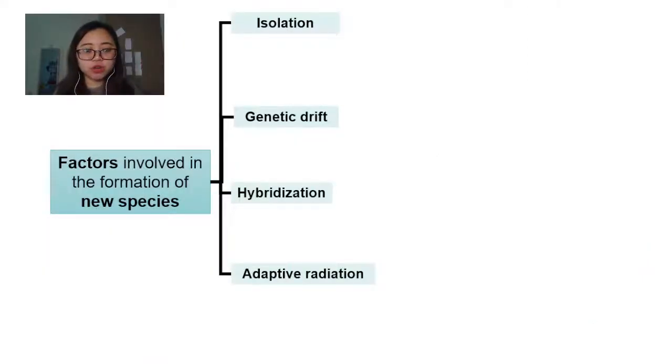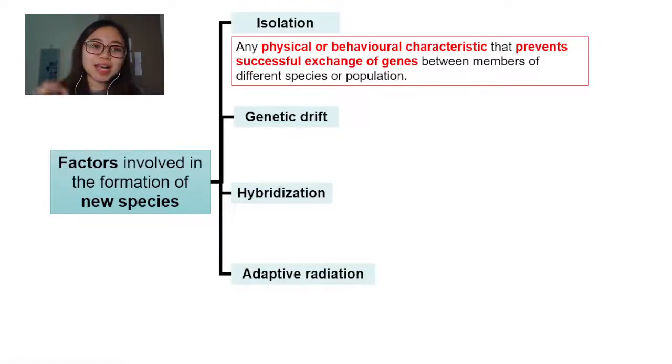Just a very quick overview of each of these factors. We're going to have a look at their definitions before we have a look at each of them in more detail. So when it comes to isolation or reproductive isolation, we can define it as any physical or behavioral characteristic that prevents successful exchange of genes between members of different species or populations. Ini definisi dia.